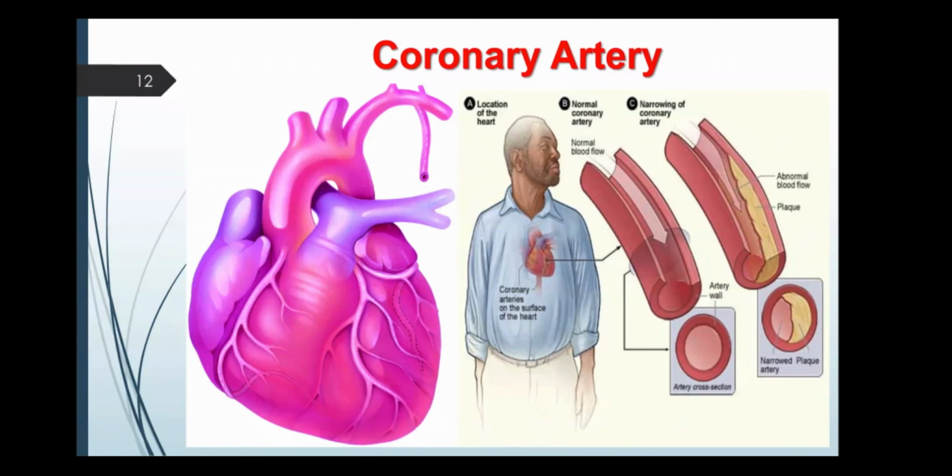So this is the human heart. You see there are 4 chambers: 1, 2, 3, 4. These are the 4 chambers of the heart.